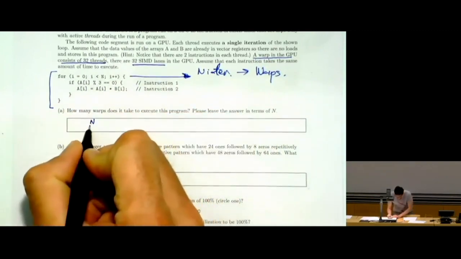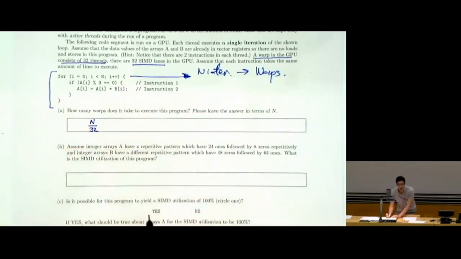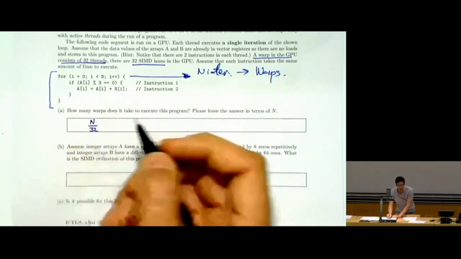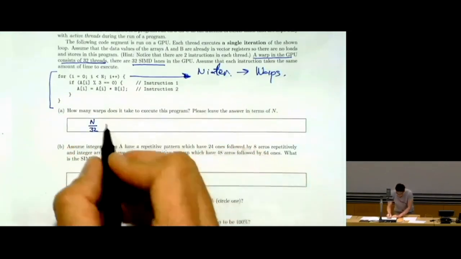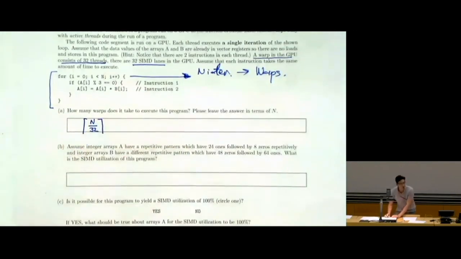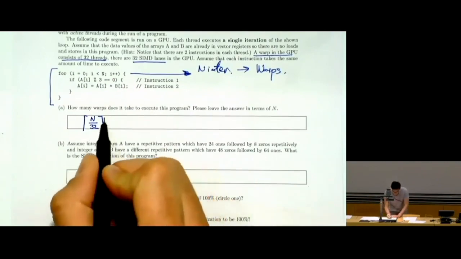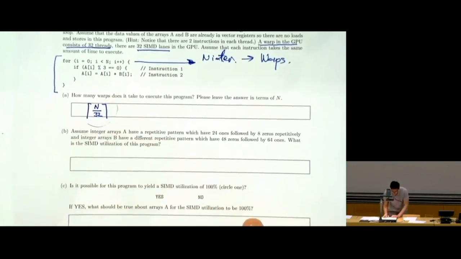So n divided by 32 is the number of warps, and in case n is not divisible by 32, we have to use the ceiling of this division, right? Maybe the last warp is not completely busy, but we will still count this number of warps.